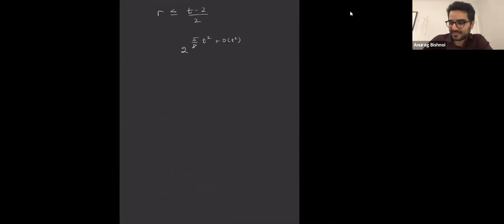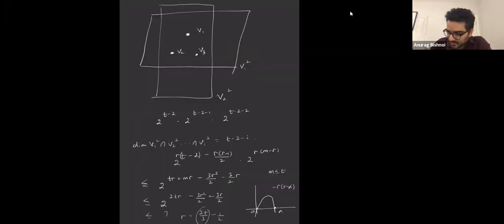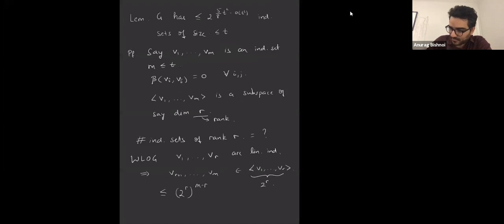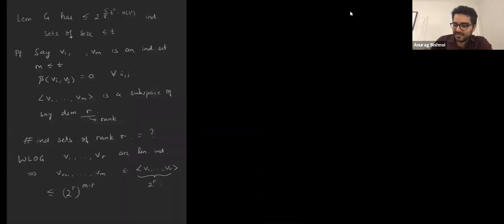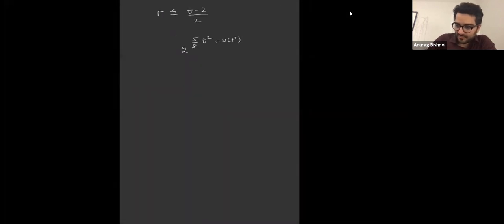Okay, so you get this estimate then on the number of independent sets of rank R. But now R can have many possibilities. And in fact, this is an estimate on the number of independent sets of size M. And M can also have many possibilities, but those things hardly matter because you can multiply by all possible values of M. So you're summing up over all possible values of M and over all possible values of the rank, right?